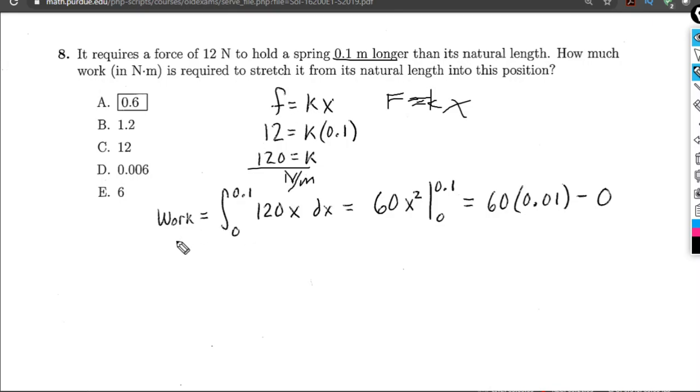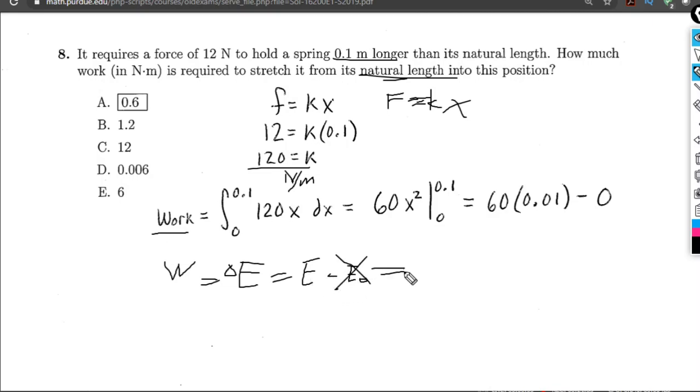And the work done can be calculated since it's from the natural position. You can calculate it by the change in energy, which is the energy at that state minus the original energy state. But since it's the natural length, the original energy is 0, so you can ignore it.